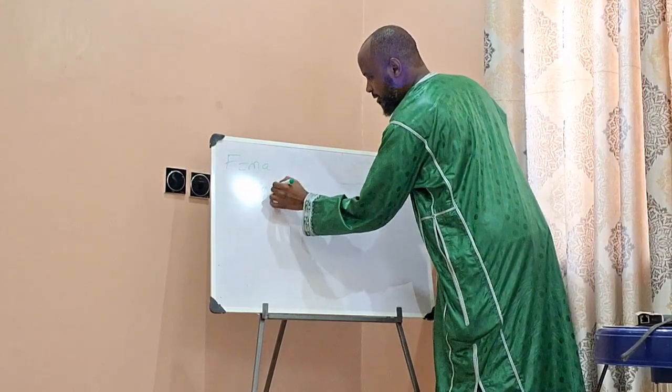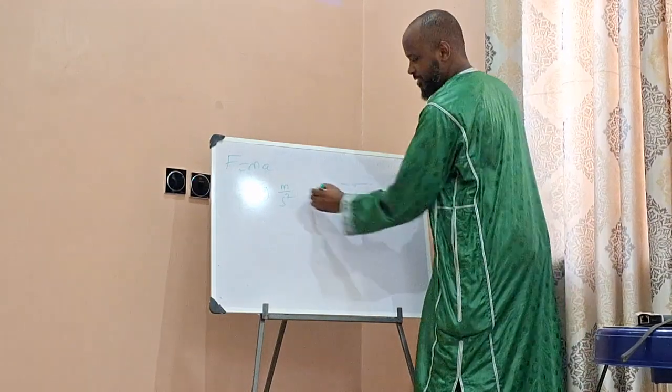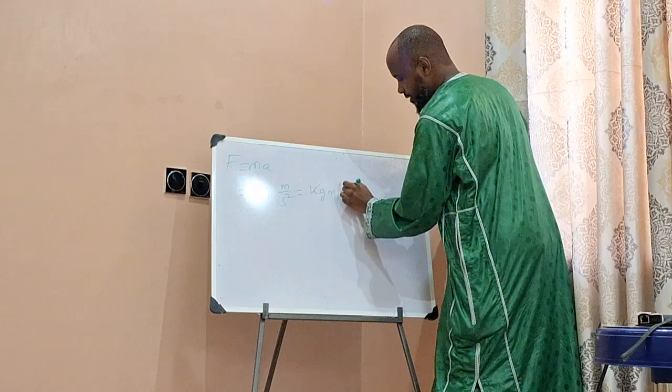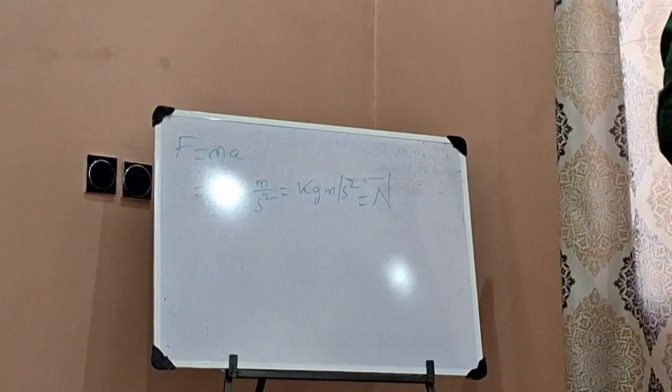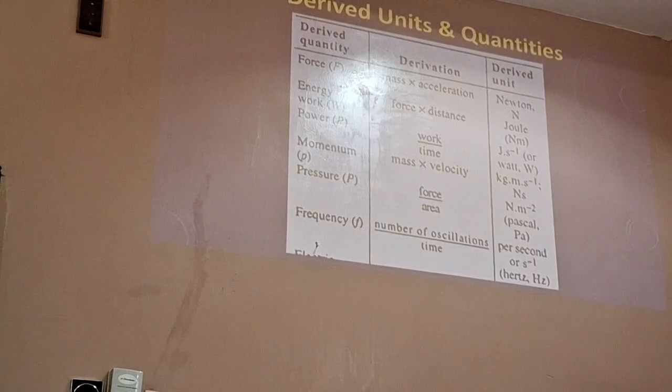Kilogram, the SI unit. A is acceleration, meter per second squared, right? So this is kilogram meter per second squared, okay? And this is given a special unit called Newton, isn't it? Just like pressure, which is force over area, the unit is Newton per meter squared, or Pascal.